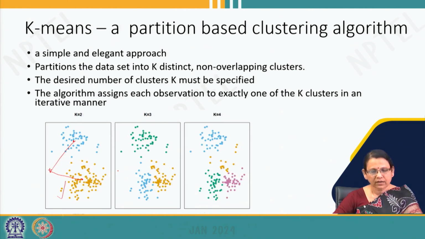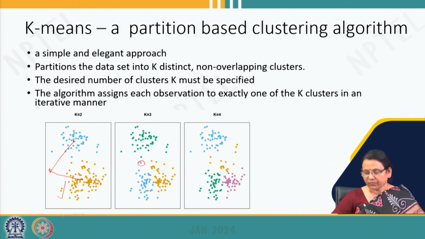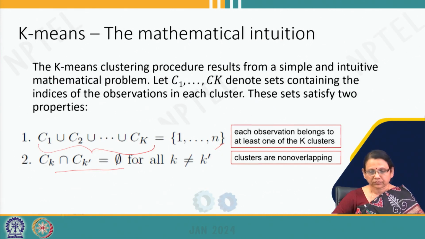The clusters are distinct. You cannot say this point belongs to green, or with some probability belongs to blue, with some probability to yellow. No, this algorithm distinctly tells that it belongs to this blue cluster. These clusters are non-overlapping.